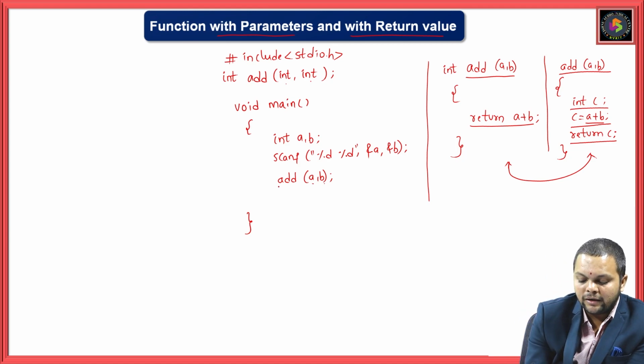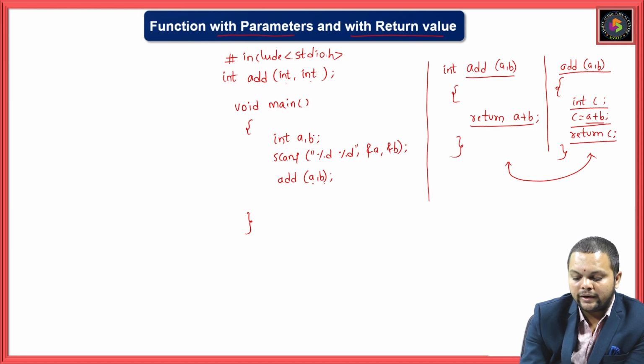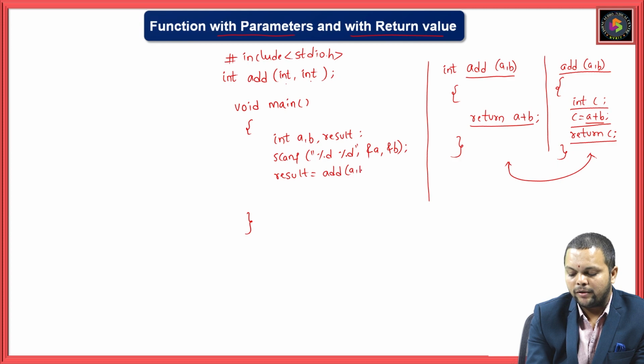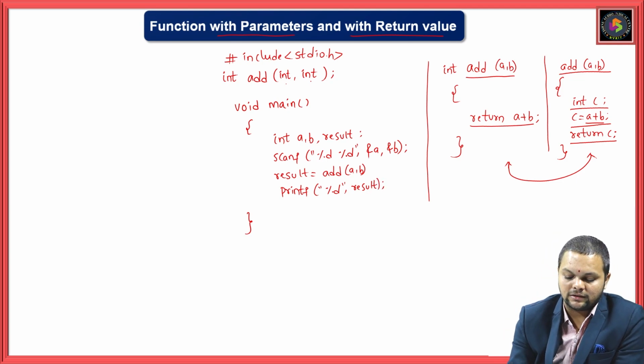Again, either you can print this directly, or you can take one more variable. I'll say result. So result equal to add of a comma b, and printf %d comma result.